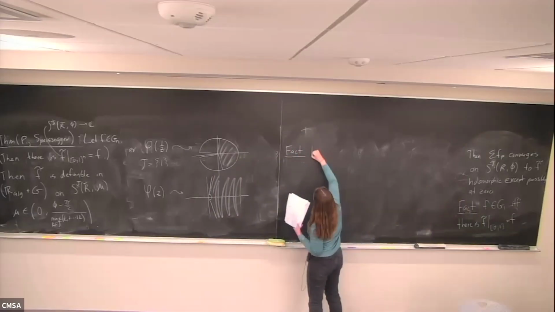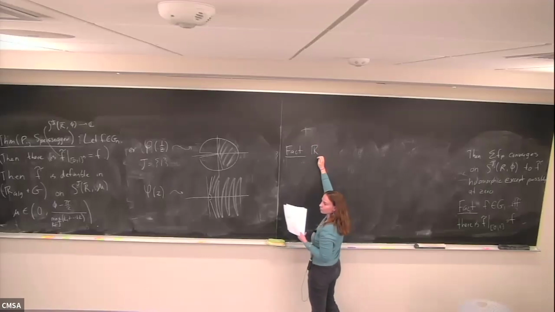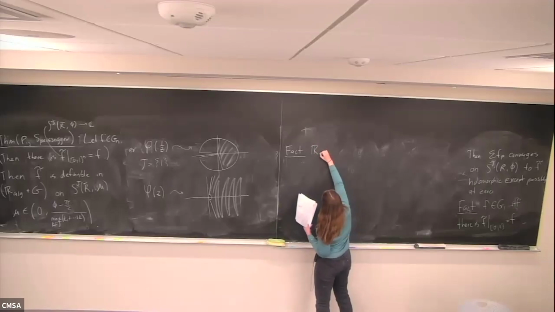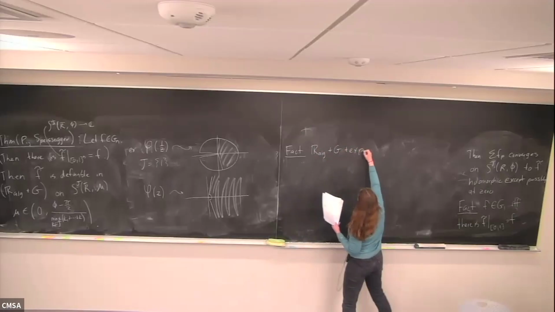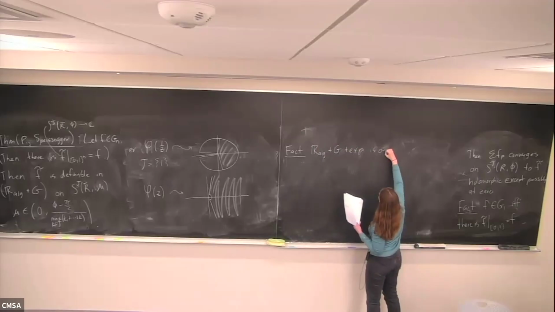Now it's a fact, also due to Speissegger, that R alg plus G plus the real exponential function is also O-minimal.